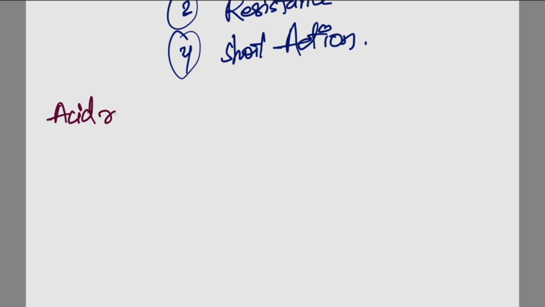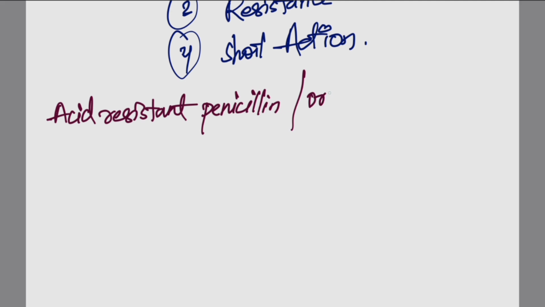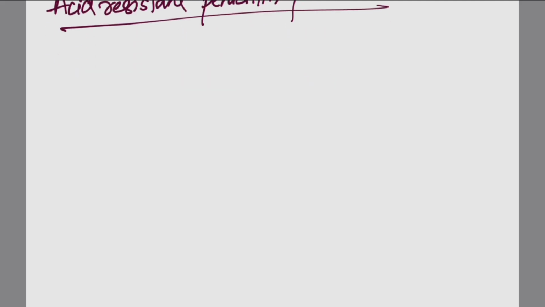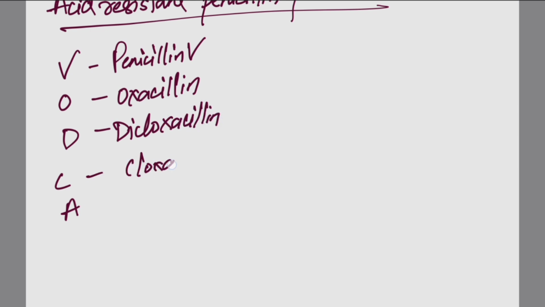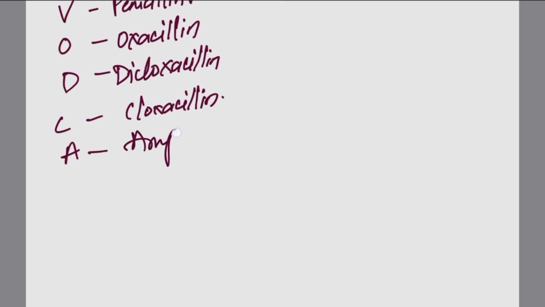So the acid resistant penicillins, or oral penicillins, the mnemonic is ODCA: V for penicillin V, O for oxacillin, D for dicloxacillin, C for cloxacillin, A for ampicillin and amoxicillin.